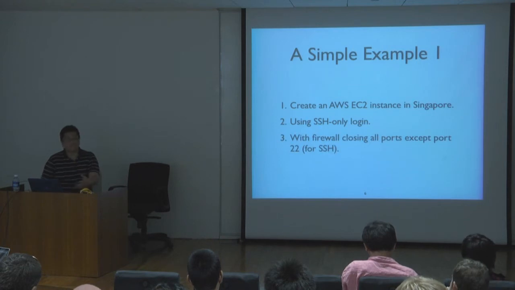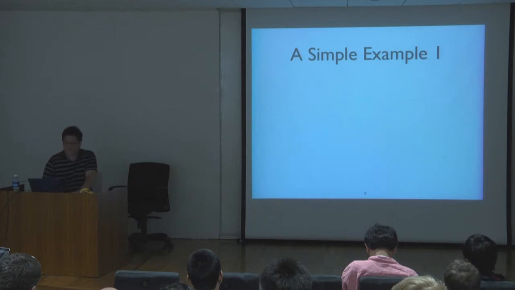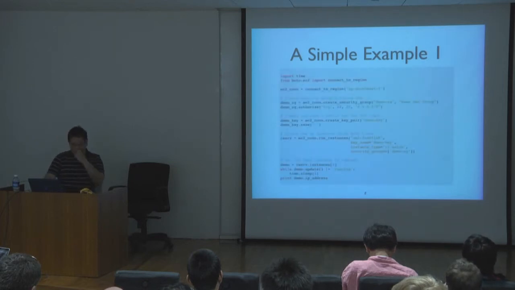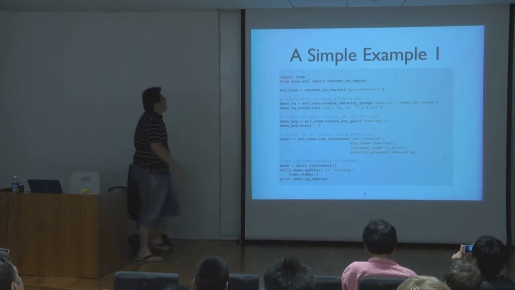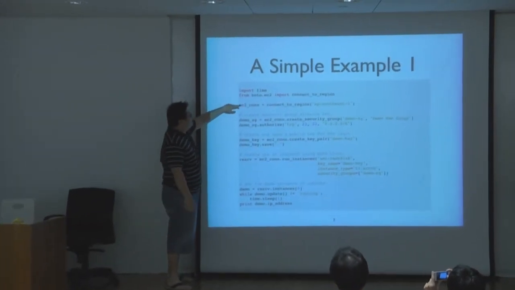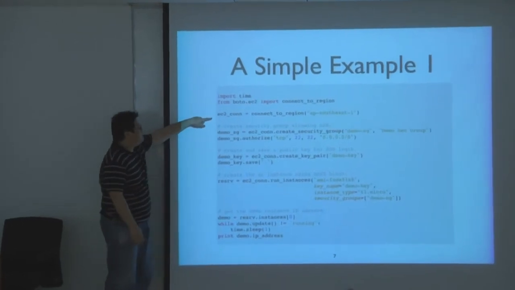So what this means is, if you have ever done sysadmin stuff, you would know that SSH is port 22. I'm going to close everything except port 22. Okay, so this is the code that does it. Connect to ap-southeast-1, that's Singapore.